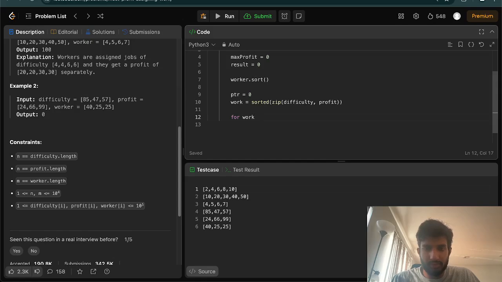Then for cap, capacity, in worker: while cap is greater than or equal to the work at the pointer, and we use a while loop because we have to keep adding the maximum ones, I basically update our max profit.